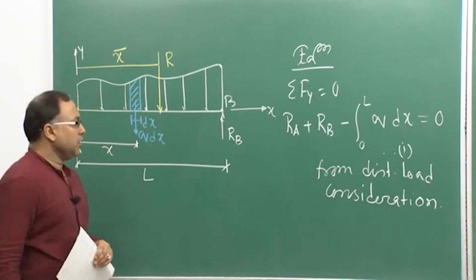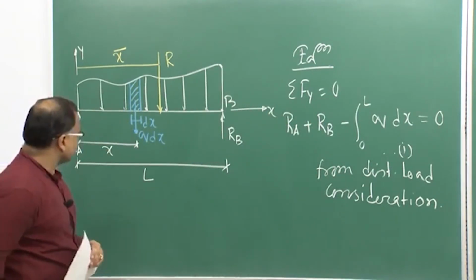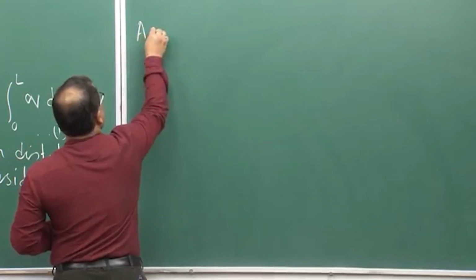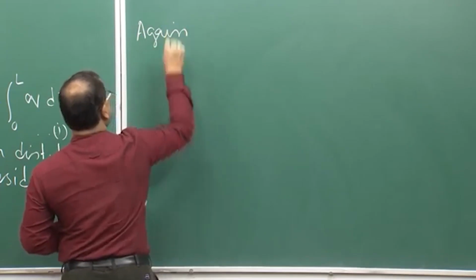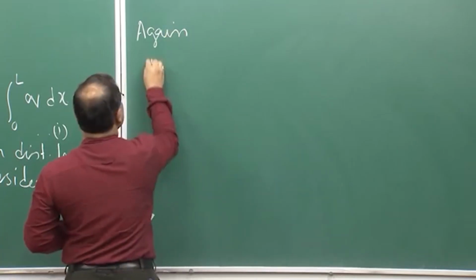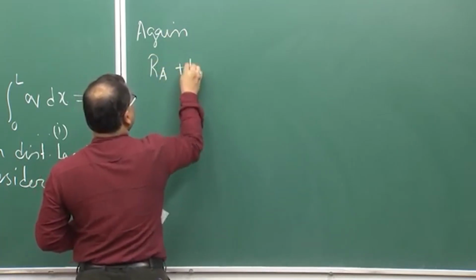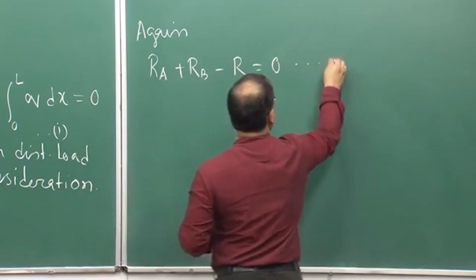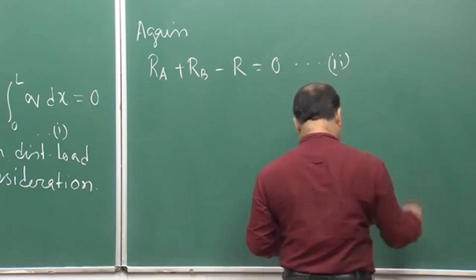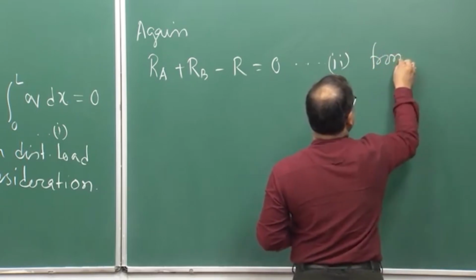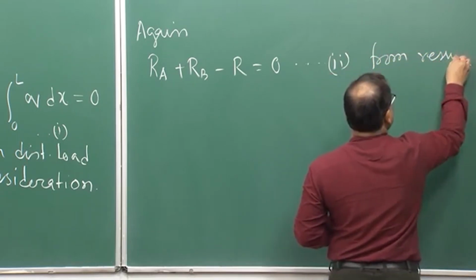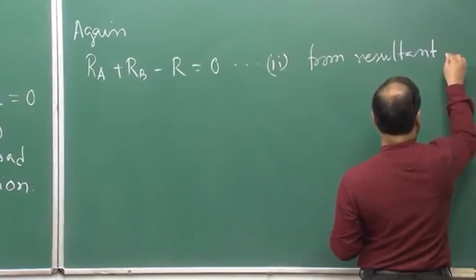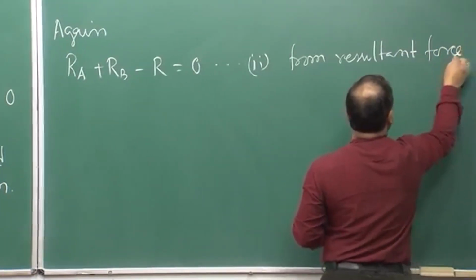Now, if I consider only the resultant force, then I can simply write RA plus RB minus R equal to 0. So, that is from the resultant force consideration.